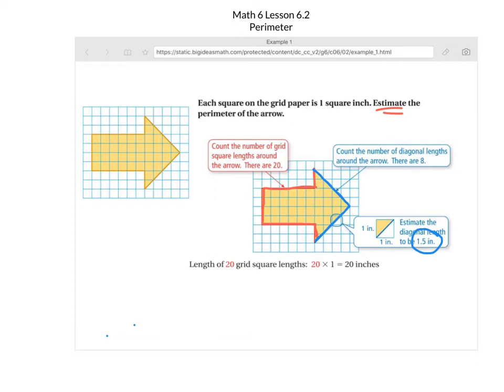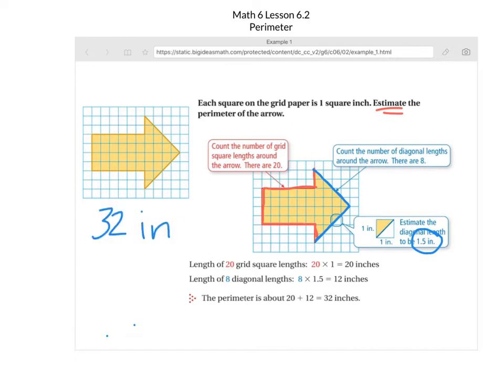And then if you add up the diagonal portion, where the blue is, there's 8 of those, but they're each worth 1.5, so they're worth 12 inches. So then you add them both together. 20 plus 12 gives you 32 inches. So then this entire perimeter of this arrow would be 32 inches.